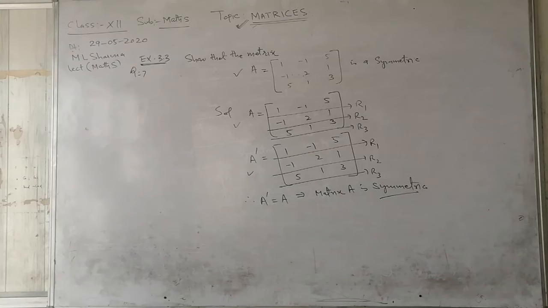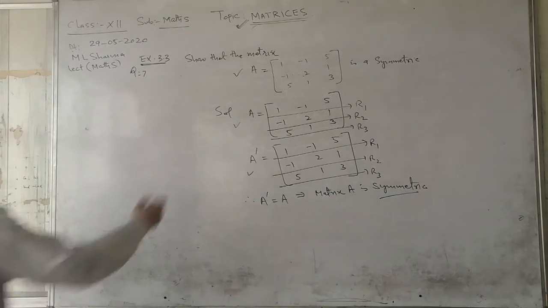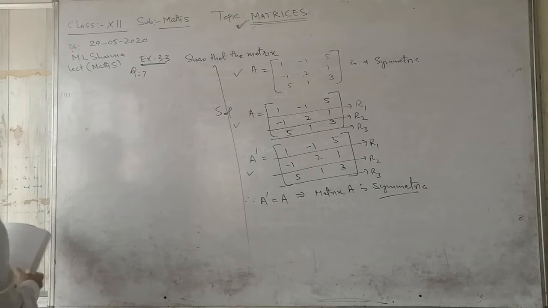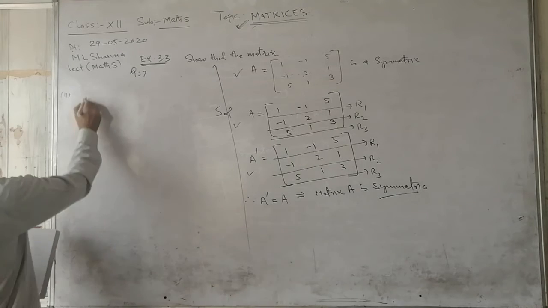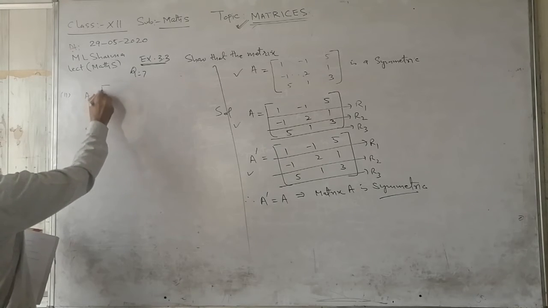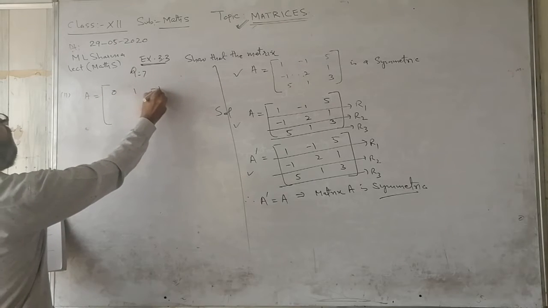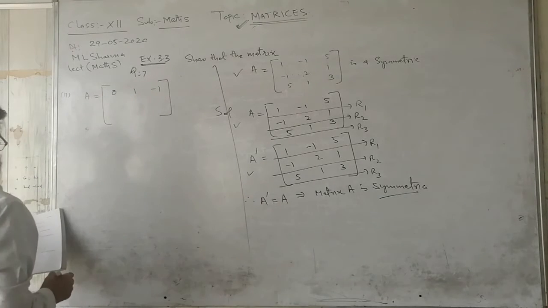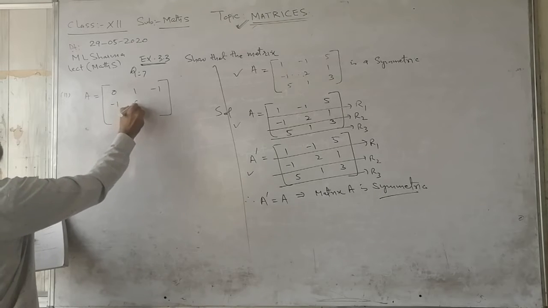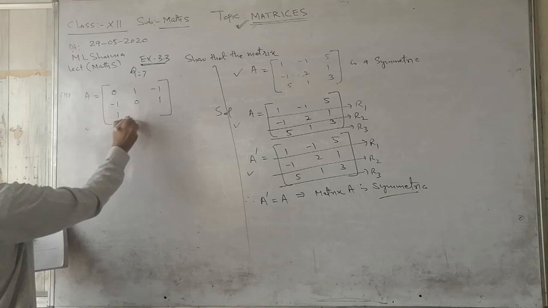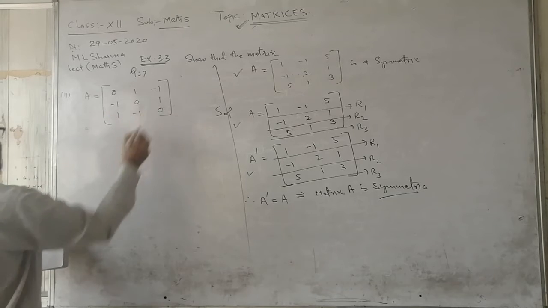Then its second part is again matrix A is given and its elements are 0, 1, minus 1, minus 1, 0, 1, 1, minus 1, 0.